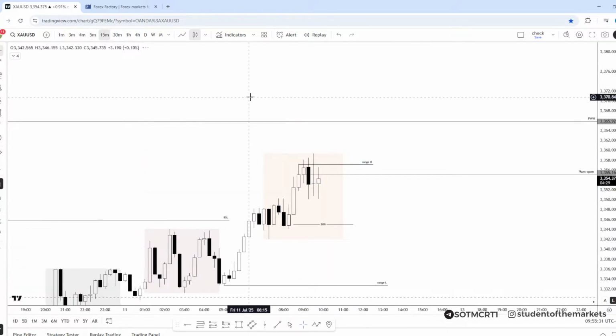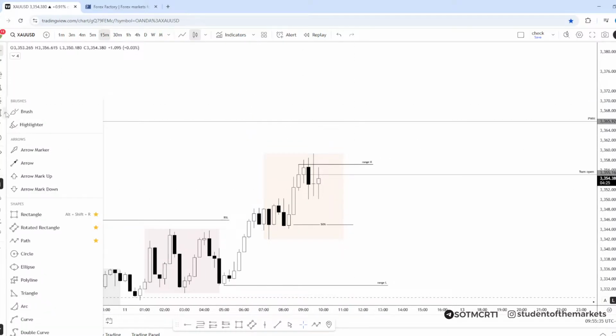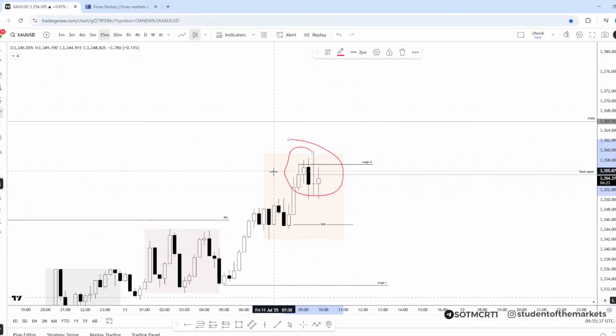So I don't want to get involved inside this area right now. Let's wait and see if there is any potential possibility to take a trade today.